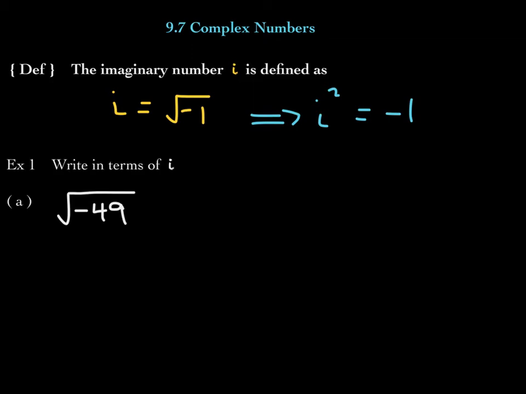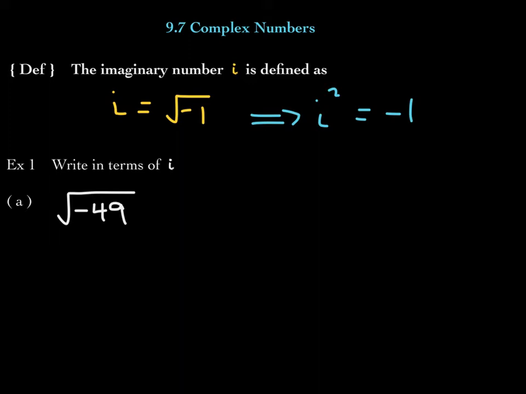In this first example, write in terms of i, the imaginary number, the square root of -49. Now, if we were living in the real number system only, we would say no real number solution. But now that we have i defined, we can rewrite this in terms of i.